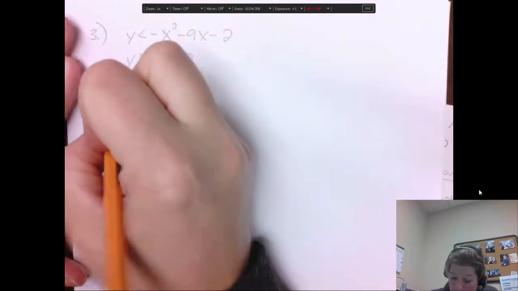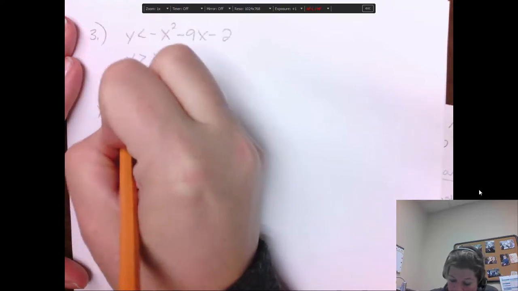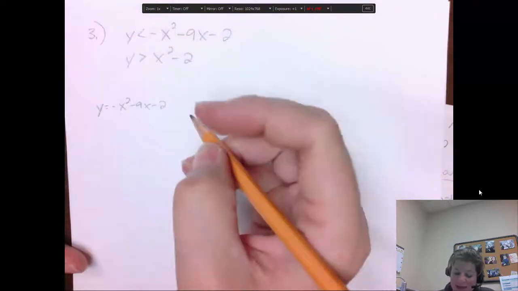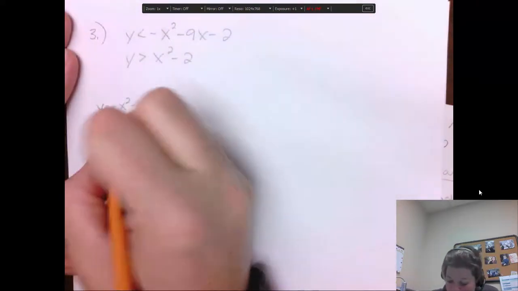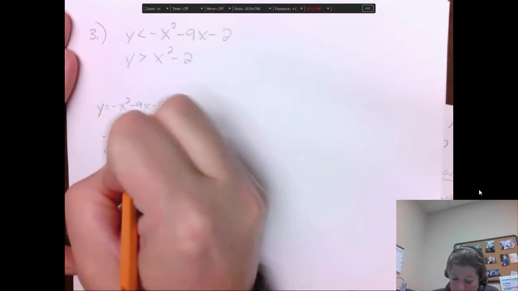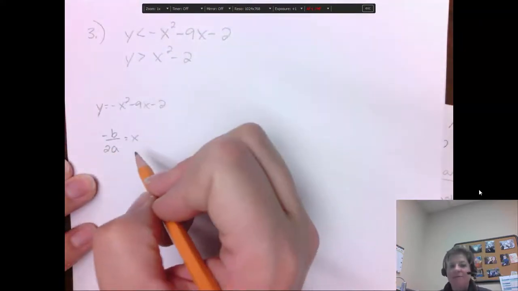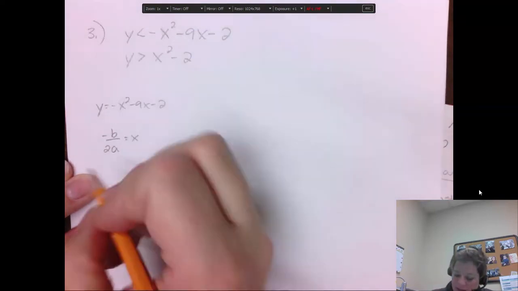I'm going to start with the first one, and I'm going to graph y equals negative x squared minus 9x minus 2. And to find the vertex, it was negative b over 2a to find the x on the vertex. So I'm going to go ahead and do that so that I can find the actual vertex and be able to graph this a little easier than guessing.